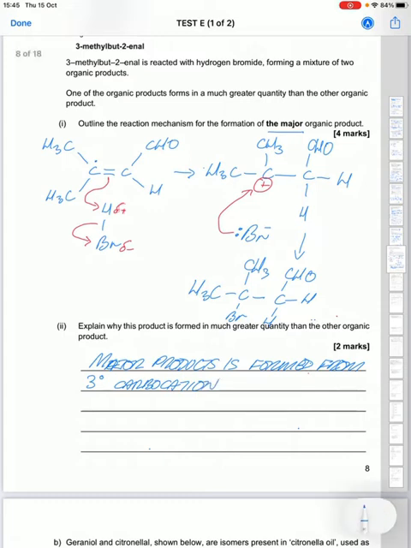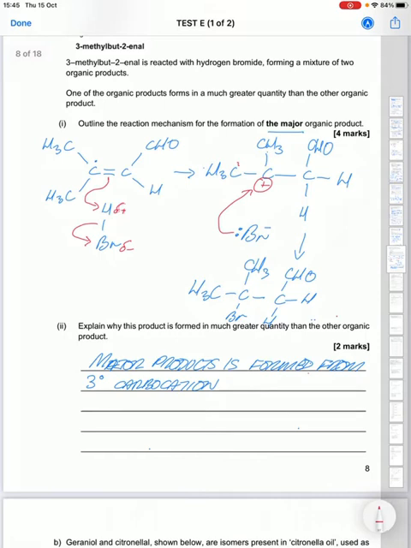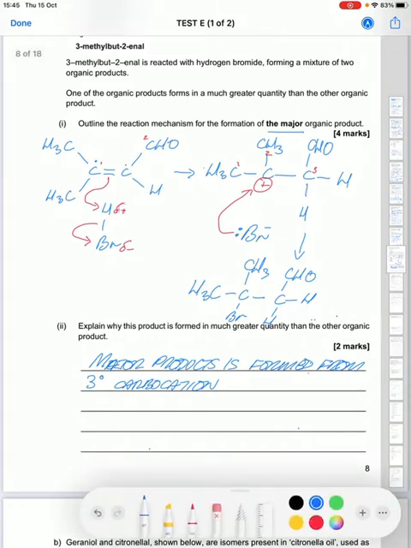Let's just make sure we understand that that's tertiary. So I've got 1, 2, 3 on there. If the positive charge was on the other carbon, for example, I'd have 1, 2. So that will be a secondary carbocation.